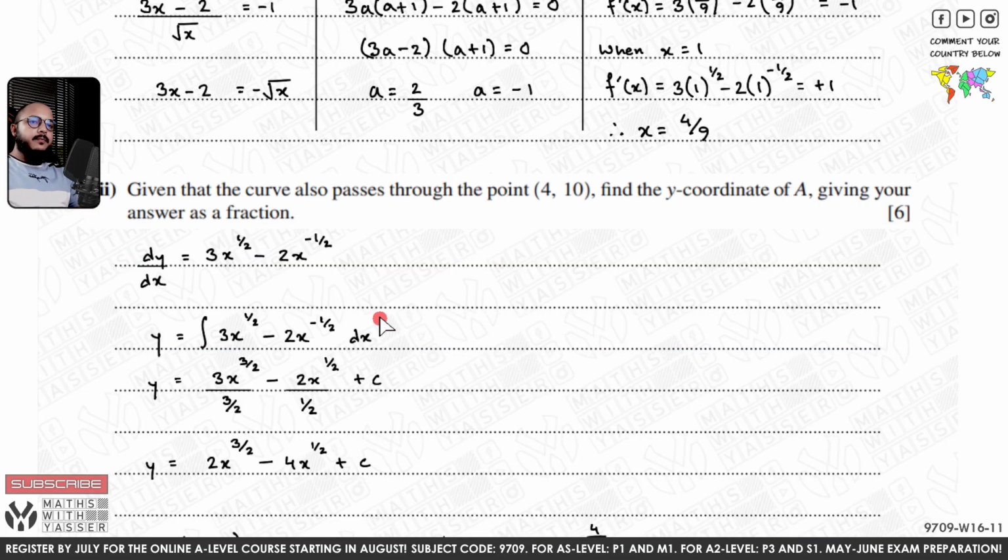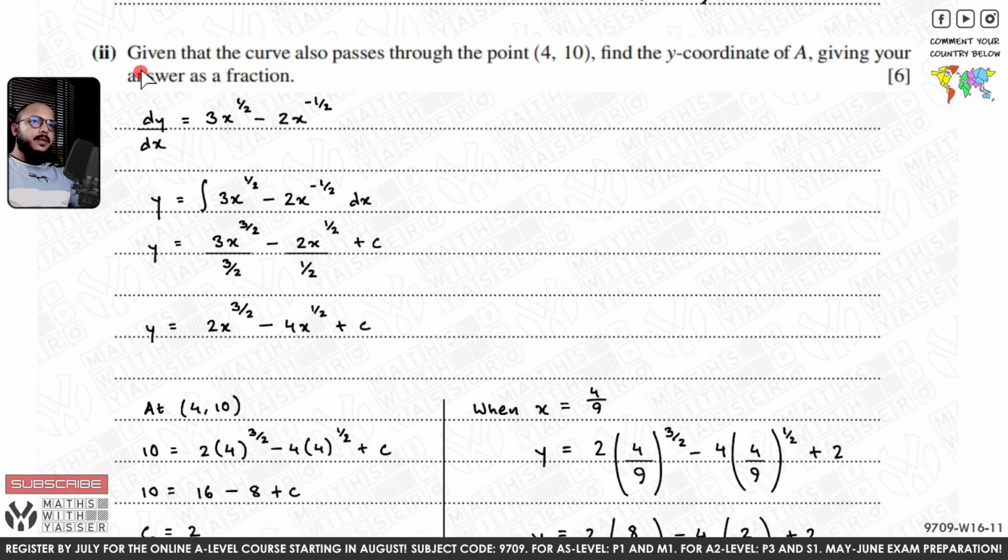Moving on, in the second part of the question, given that the curve also passes through the point (4, 10), that means this point must satisfy the equation of the curve. We need to find the y coordinate of the point A, giving our answer as a fraction. So this was the differentiated equation, which was f prime x.